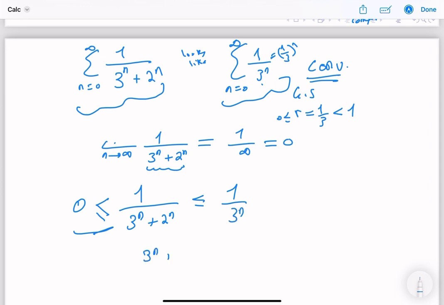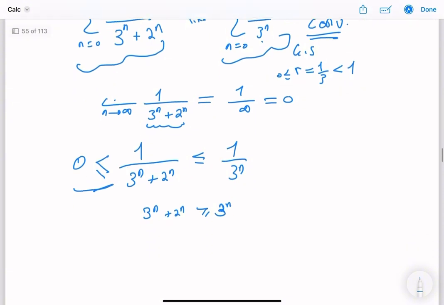3 to the n plus 2 to the n is bigger than 3 to the n. Why is that the case? Because 2 to the n is always positive, and 3 to the n plus a positive number is certainly bigger than 3 to the n.